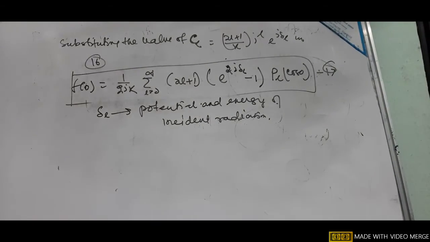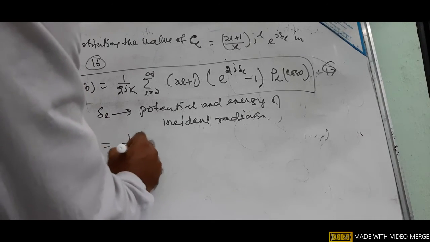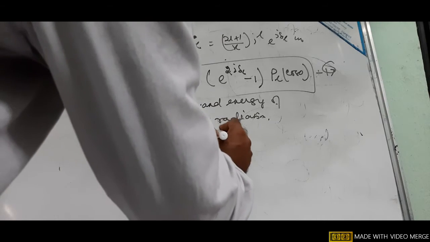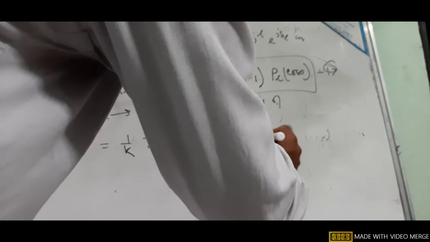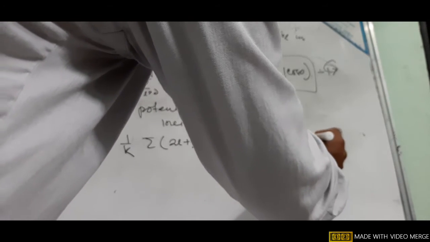So f theta could be written as 1 by k summation (2L plus 1) e to the power I delta L sine delta L PL cos theta. This is 19.